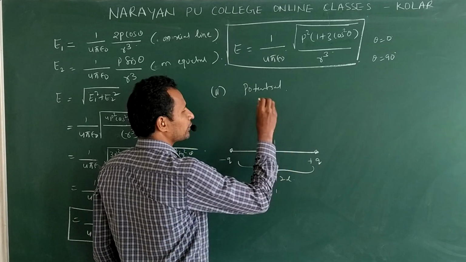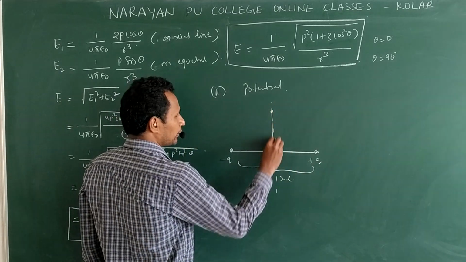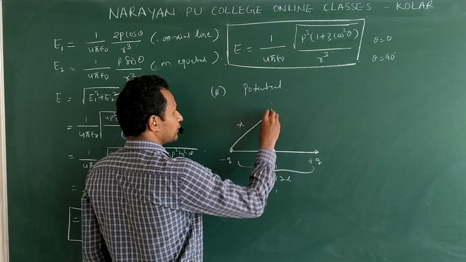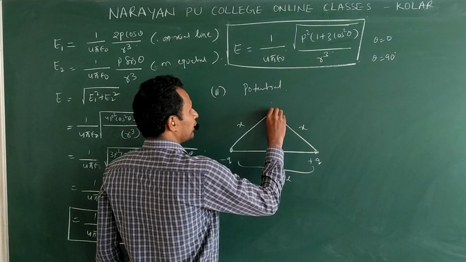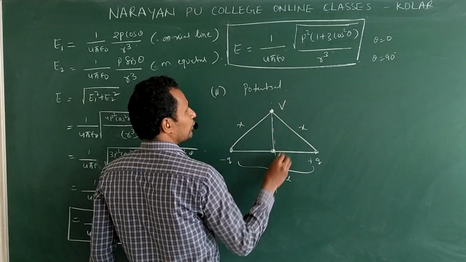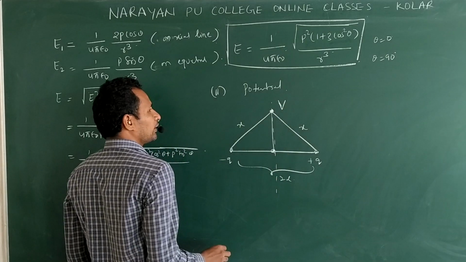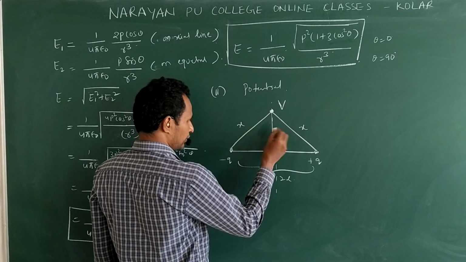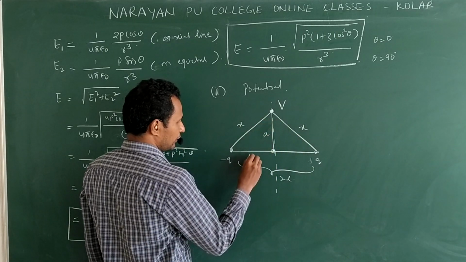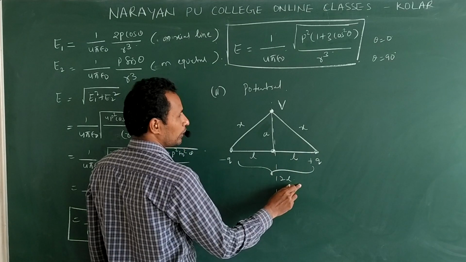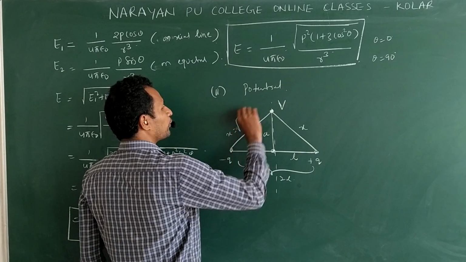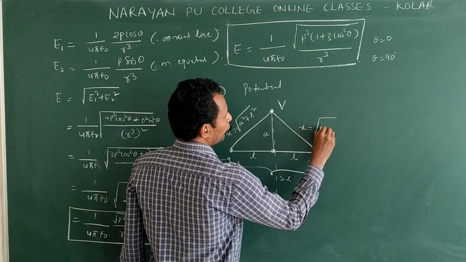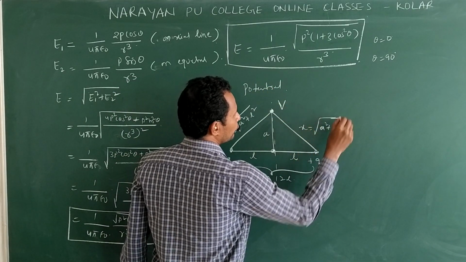If you take the point on the equatorial line, here this distance you take as x and this as x. Let us say this distance you take as a, and this is L, so x will become under root of a square plus L square, and here also it will be under root of a square plus L square.